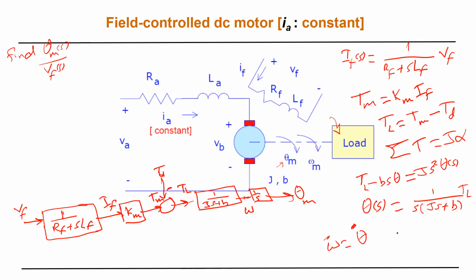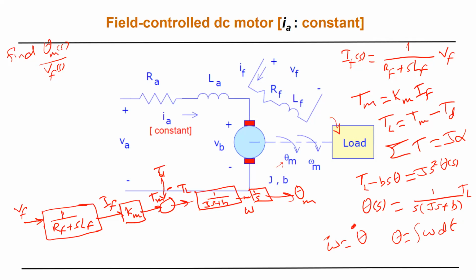Or theta equals the integral of omega. Right. 1 over S is an integrator, isn't it? That is why sometimes we separate them for the step response. You don't have to separate them, but we usually do in case you need omega.